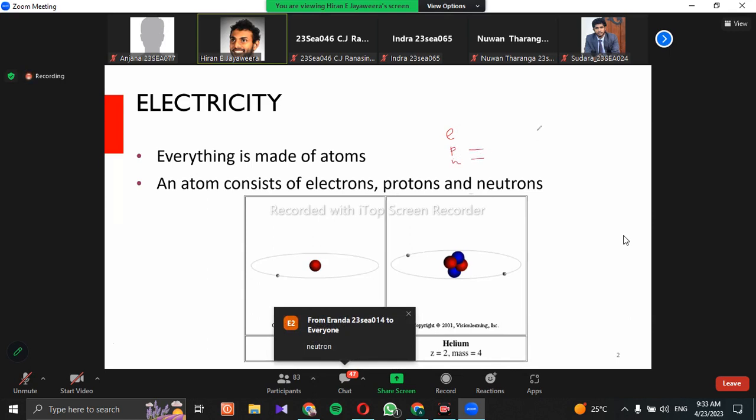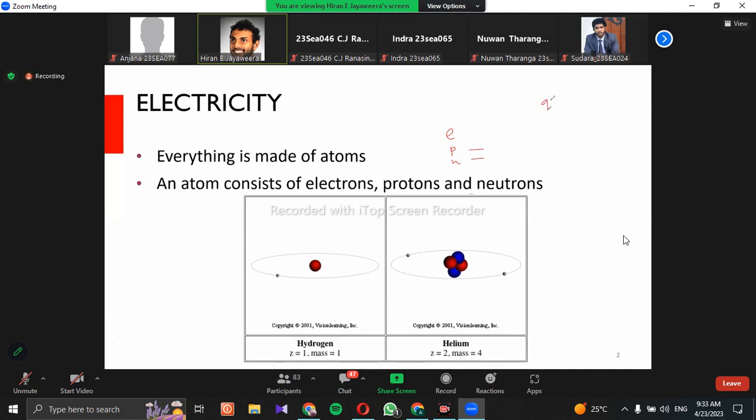We call them quarks. So there are two types of quark called up quark and down quark. Up quark is charged 2/3 and down quark is charged -1/3. For example, a proton is made of 3 quarks.